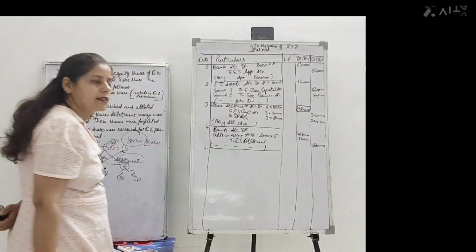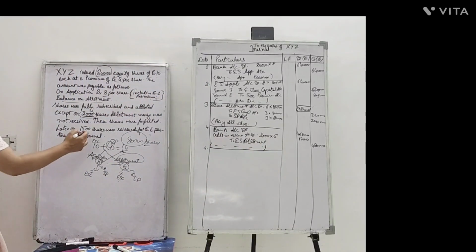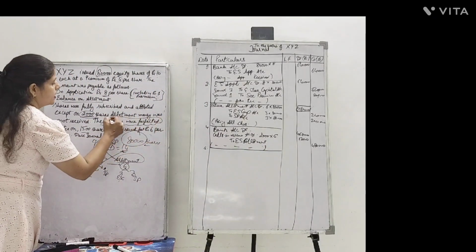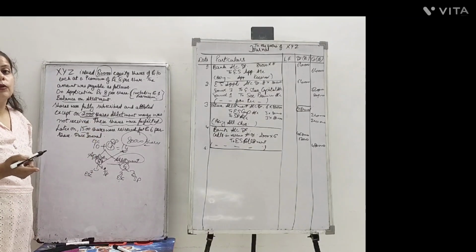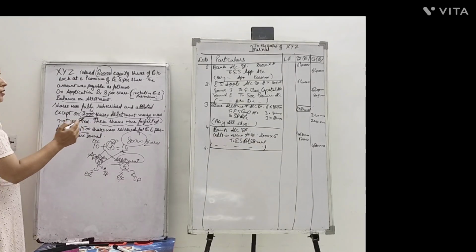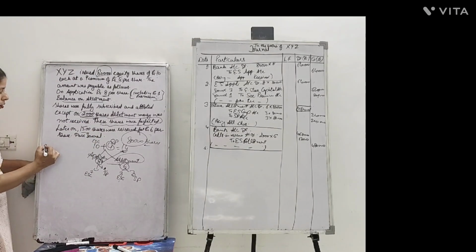Now the point is where the shares were forfeited. In the last video I told you that shares would be forfeited for equity share capital called up and securities premium not received.